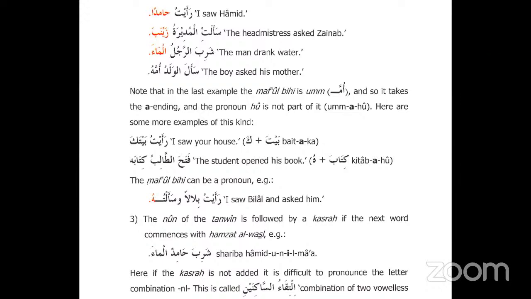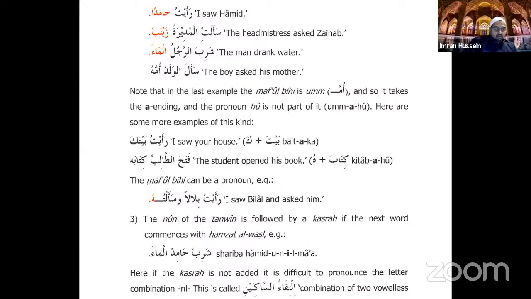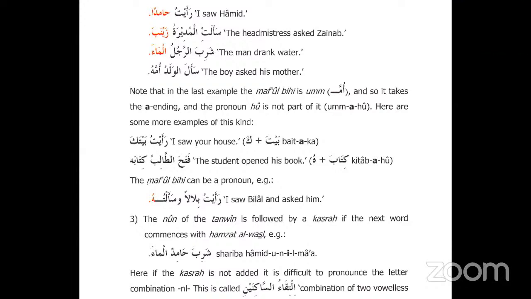Sa'ala al-waladu ummahu. The boy asked his mother. Correct. So sa'ala is the verb, al-waladu is the fa'il, and umma is maf'ul bihi.